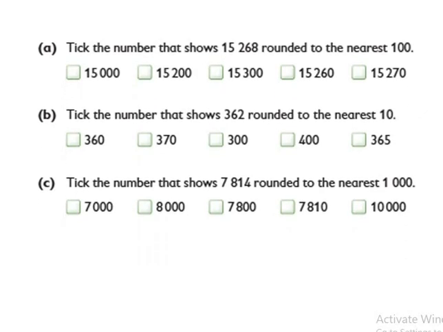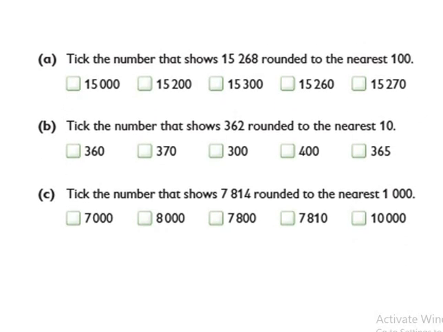So we will see more examples, and we have to round to the nearest 100, the first question, that too without a number line. Just look at the number in the hundreds place, that is 200. So you need to know whether it can be rounded to 200 or 300.